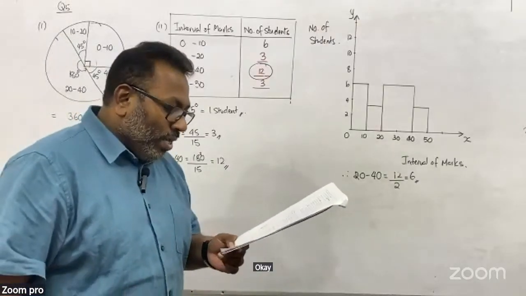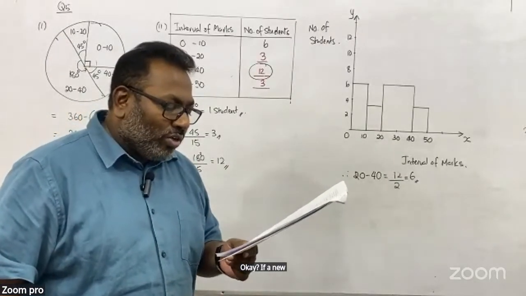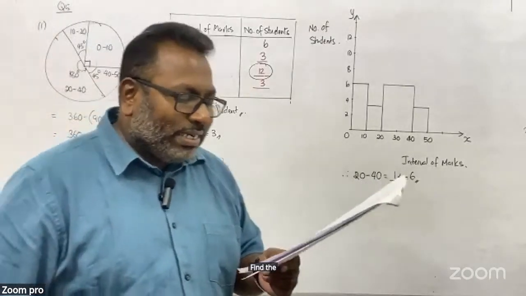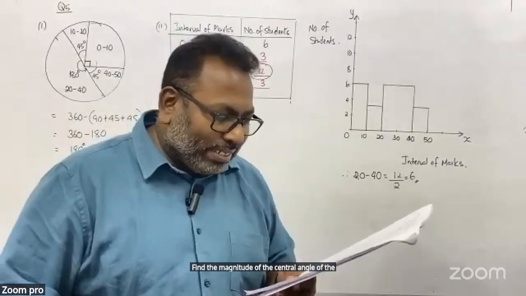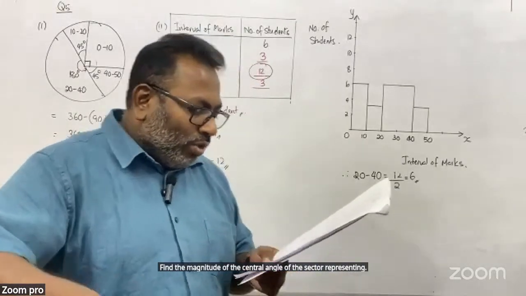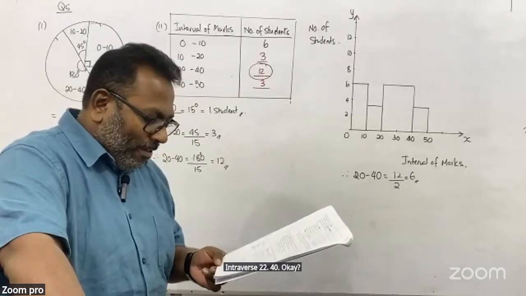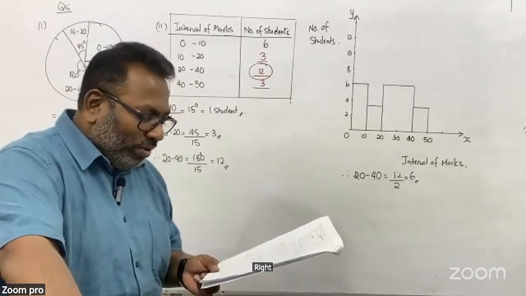If a new pie chart is drawn to represent this information, find the magnitude of the central angle of the sector representing intervals 20 to 40. Okay. Right. So how do we do that?